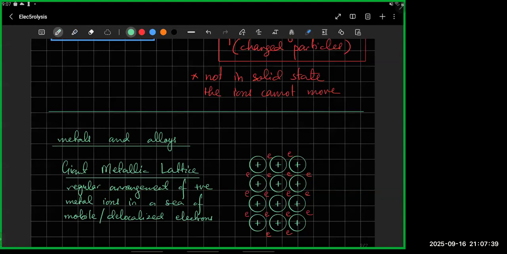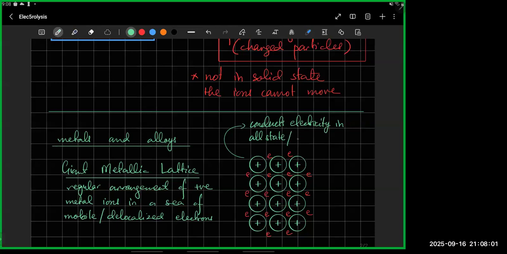The only property I'm interested in at the moment is that it conducts electricity in all states. And why does it conduct?